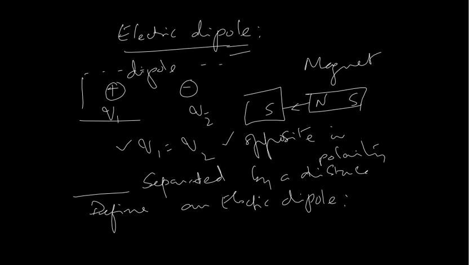This is how the question comes. Then the answer: the first two lines you can underline. An electric dipole is a pair of equal and opposite point charges. Every word is important there. We have to say pair, we also have to write the word equal, we also have to write opposite, and also say point charge.